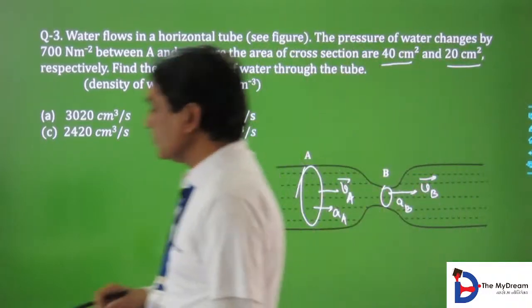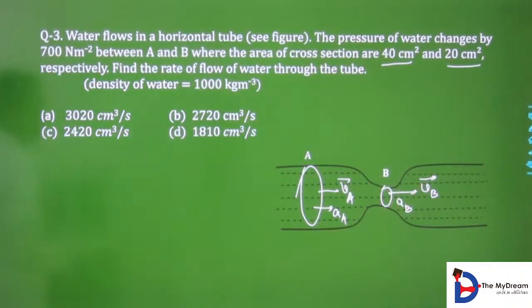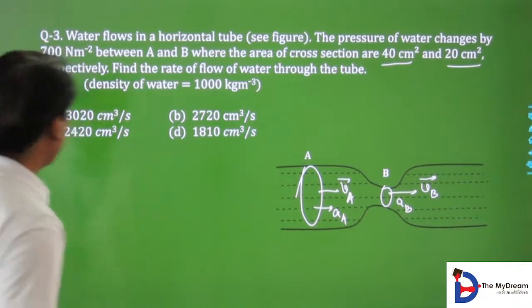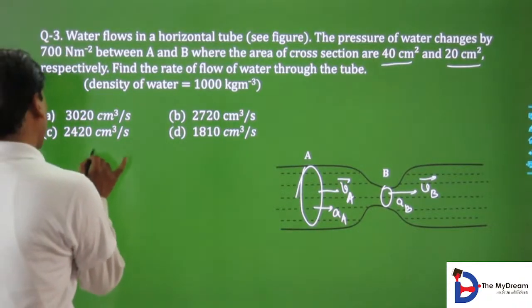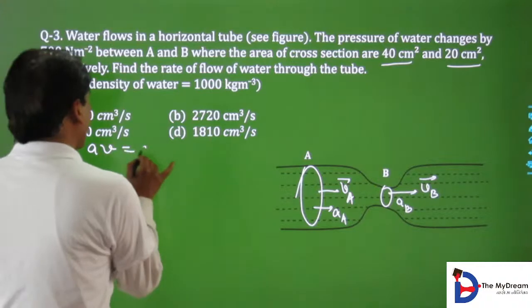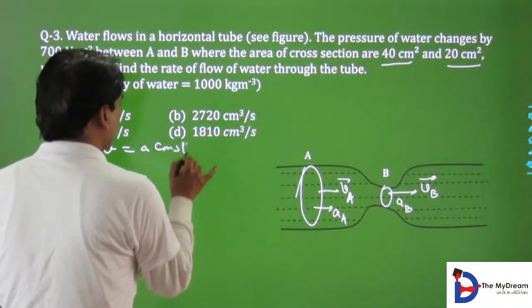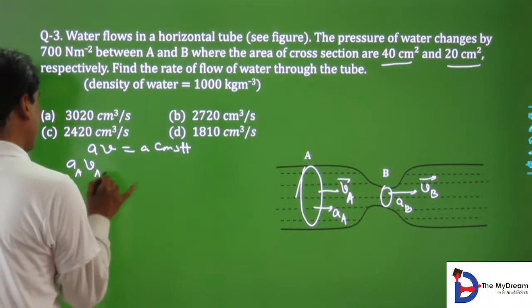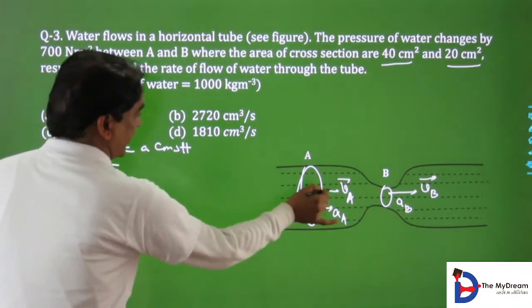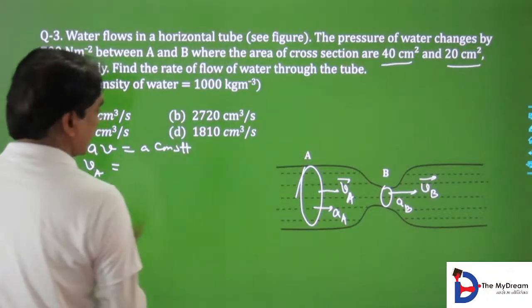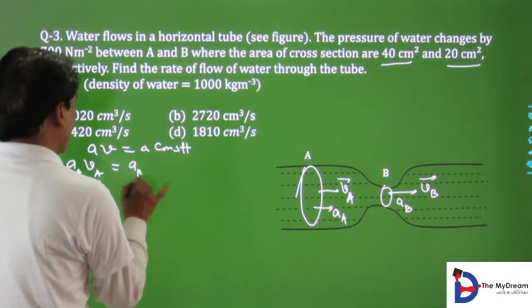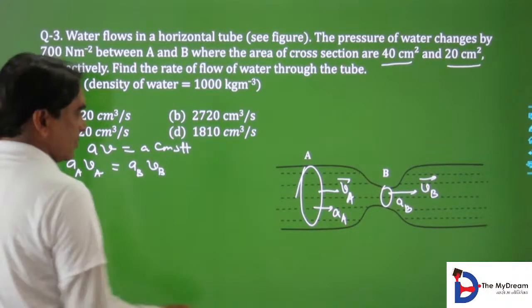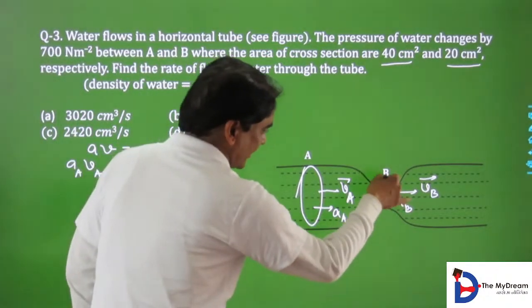So according to the equation of continuity, A into V is equal to a constant. So AA VA at this section A, AB VB at this cross section.